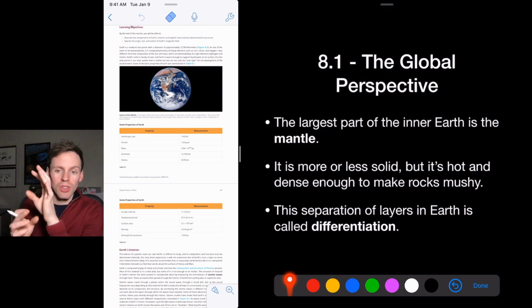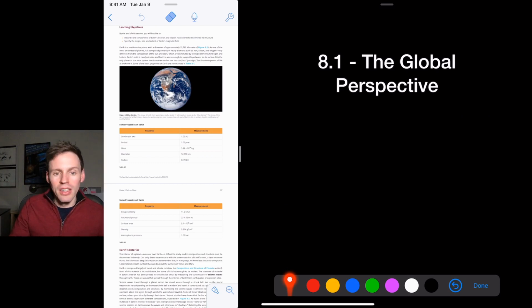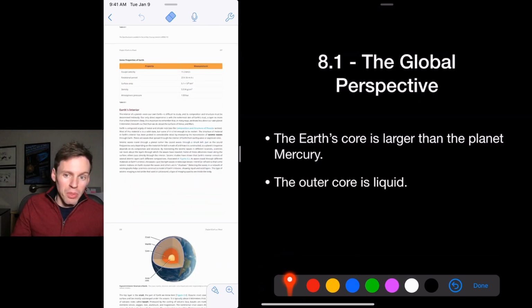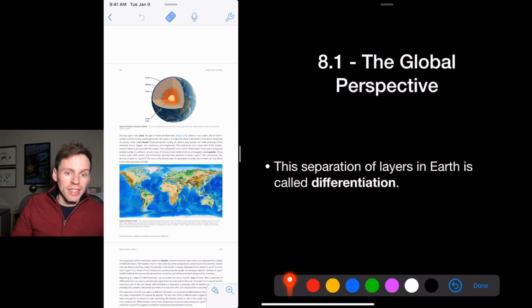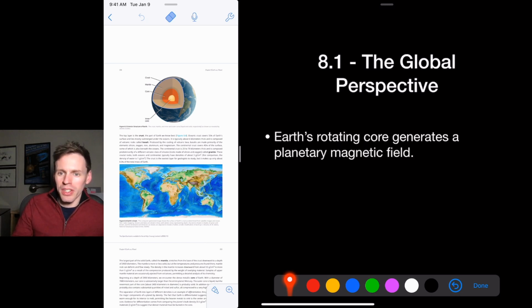It separates into layers: the heaviest stuff sinks to the center of the Earth and the lightest stuff floats on the surface. That's called differentiation. That's an important concept. Earth's core is larger than the planet Mercury. The outer core is liquid. The inner core is probably solid. Again, this separation is called differentiation. That's a key word, so make sure you pay attention to that.